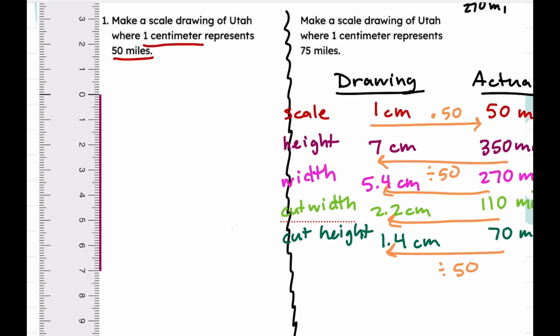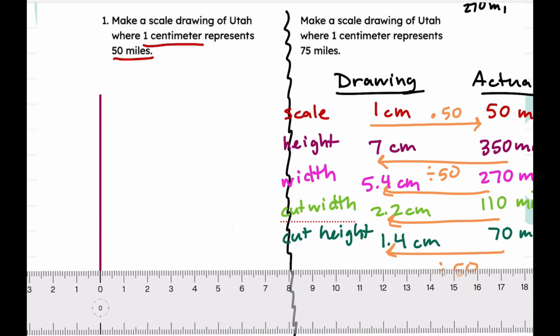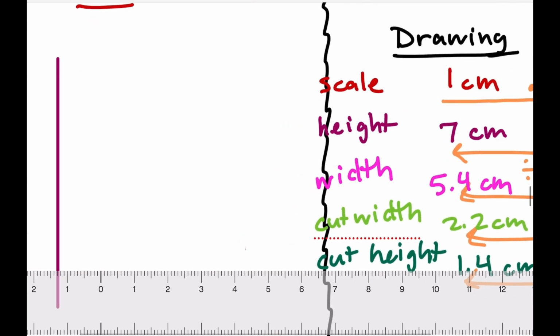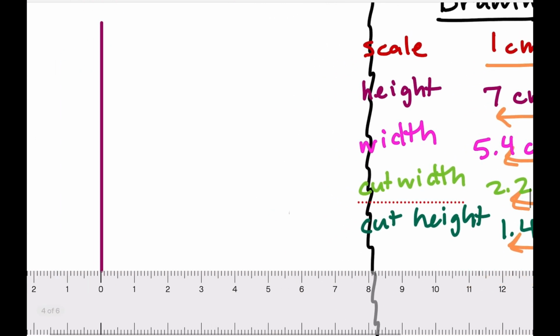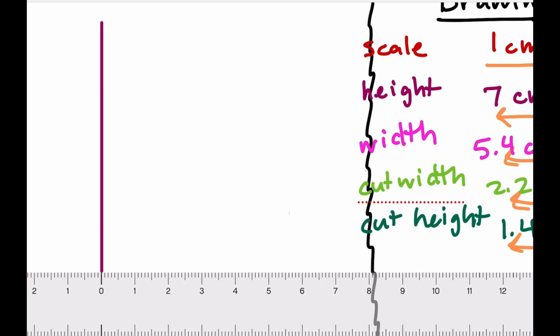The width is 5.4 centimeters. That means I need to draw 5.4 wide. I'm going to zoom in so I can try and get this just right. And I'm going to go over 1, 2, 3, 4, 5.1, 2, 3, 4.